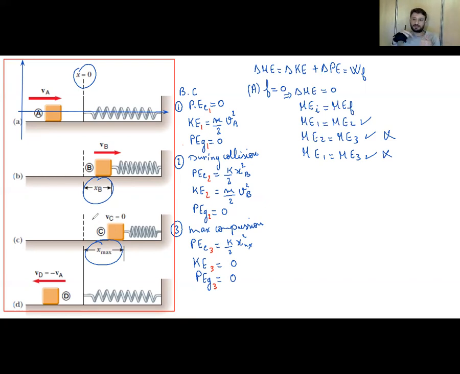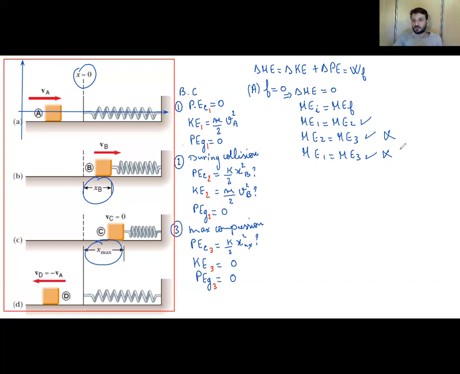If I take 2 and 3, in the second state we have vb and xb unknown, and in the third state x maximum is unknown, so we get one equation with three unknowns. So we cannot use the second one.